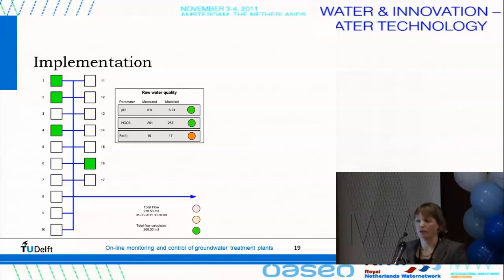And we can give information about the stage your process is in. So in this way you get much more information about your treatment process, and this helps you to optimize it. I think this small example of just the intake wells already gives you quite a good indication of what we're planning to do in the future throughout the whole treatment train.